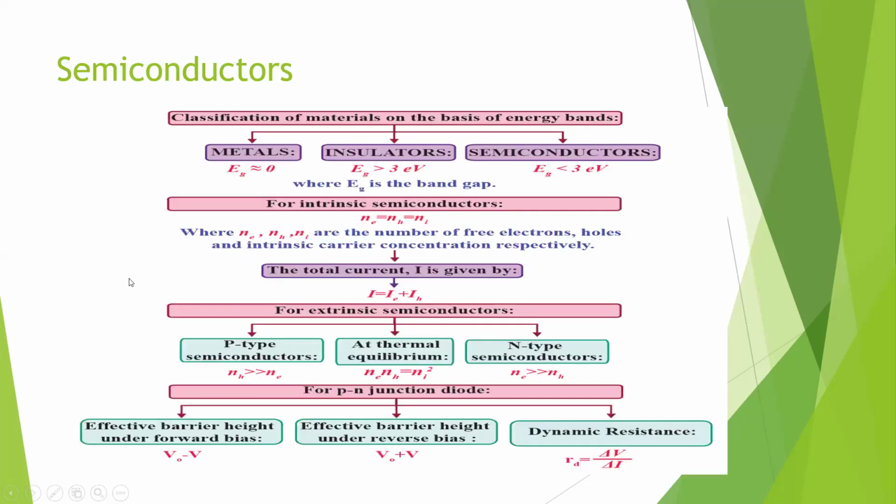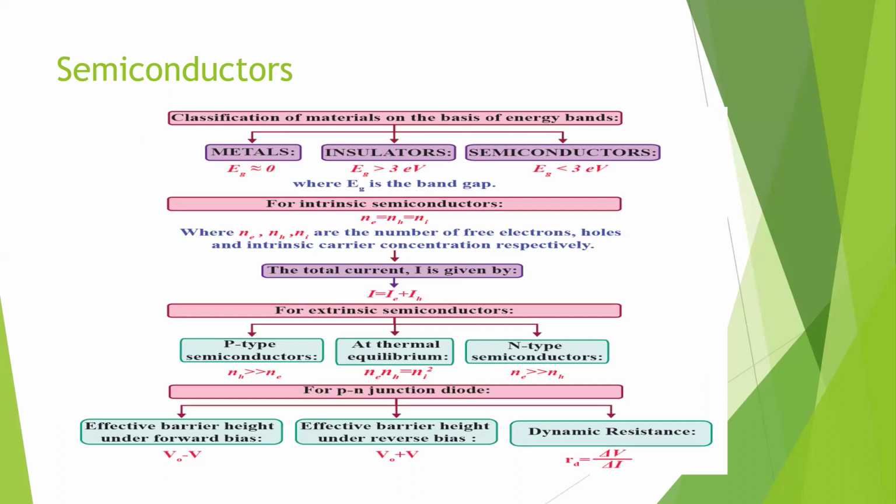Next one is semiconductors. Basically all materials are divided into metals, insulators, and semiconductors. In every material there will be two energy bands.